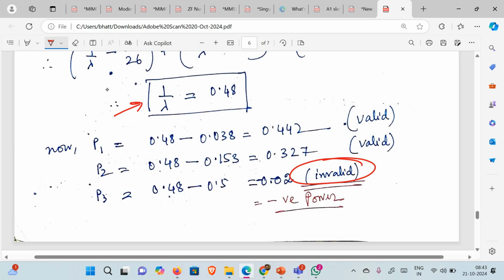The first choice of 1 by sigma which we have found out, the Lagrangian multiplier or the ratio of that, is not correct because the optimal power is not allotted, since in one of the power branches it is showing a negative value. As per the condition, this negative value cannot be there, so it should be approximated to 0.